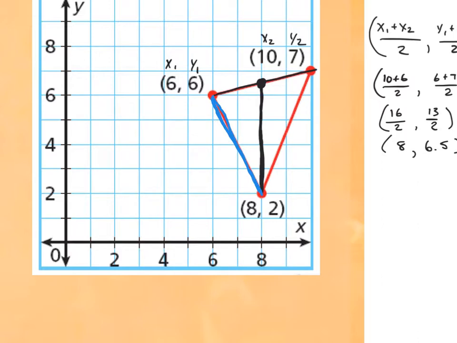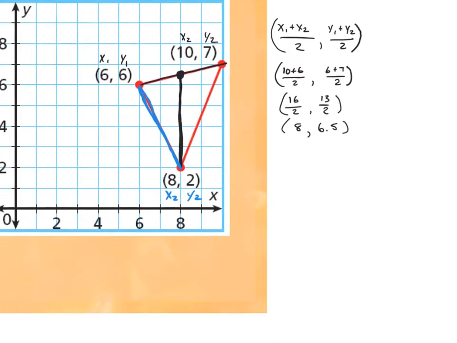Okay, so now we'll call this one x2, y2. Let's find the midpoint of the blue line. So we've got 6 plus 8. Add the x's together, divide by 2. Add the y's together and divide by 2.